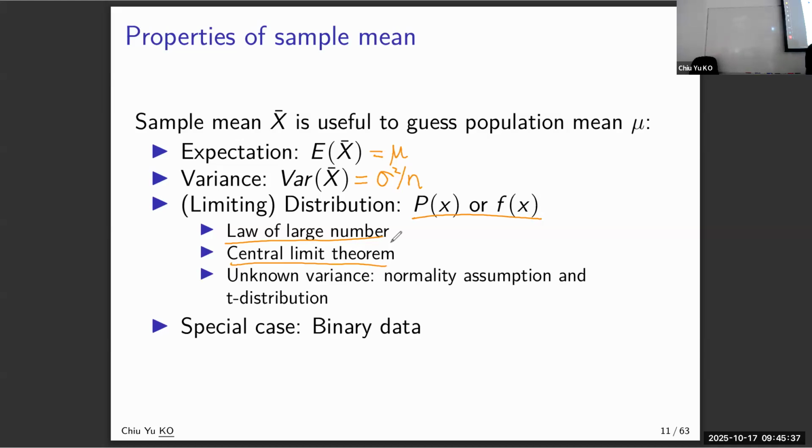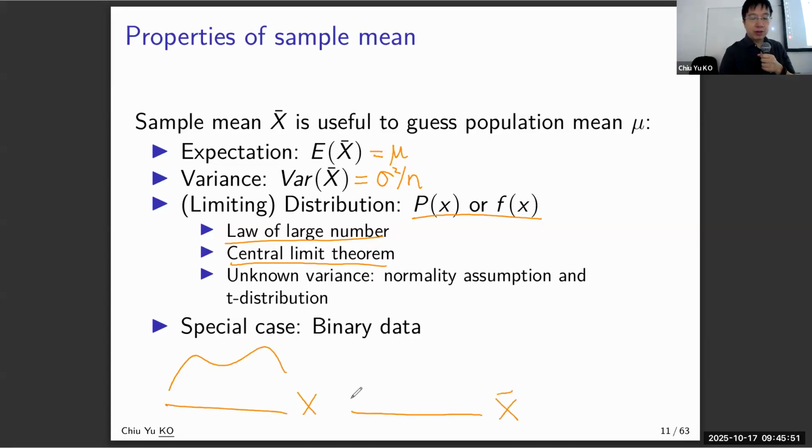And after that, today's very important part is that the central limit theorem says the following: regardless of how X looks like, X bar will be a bell curve with mean mu and variance sigma squared over n. So mu is here and sigma squared is here. In order for this to be meaningful, we need a good guess of this guy.